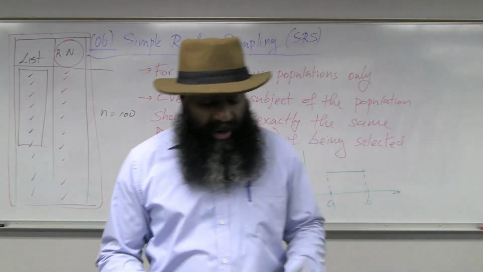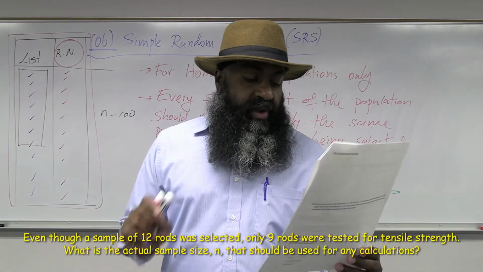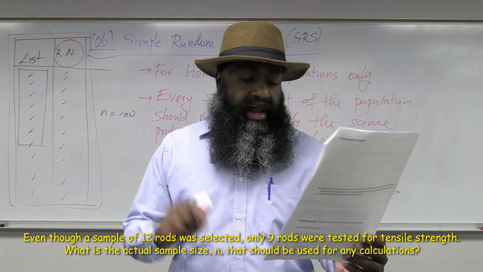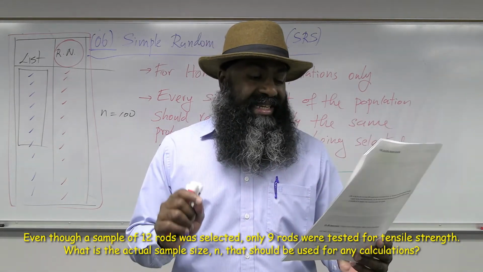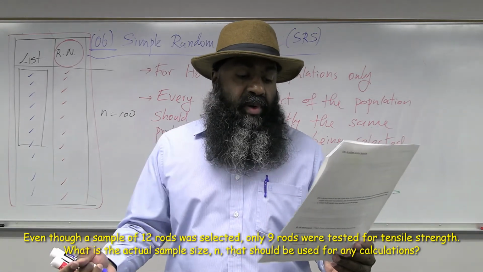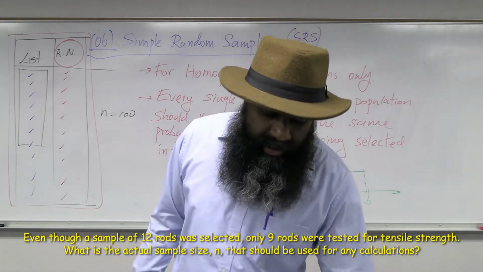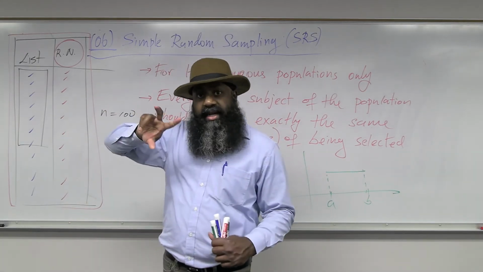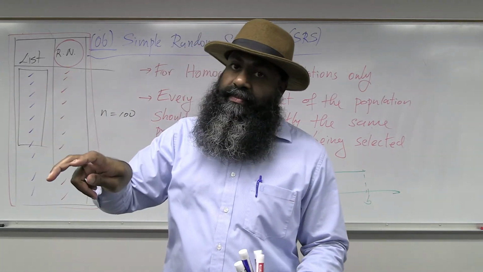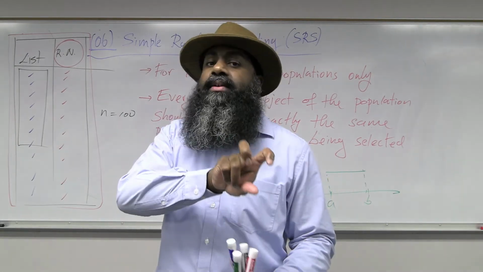And then if you read part B, even though a sample of 12 rods was selected, only 9 rods were tested for tensile strength. What's the actual sample size n that should be used for any calculations? Well, 12 was the initially targeted size for the sample. That is not always fixed.